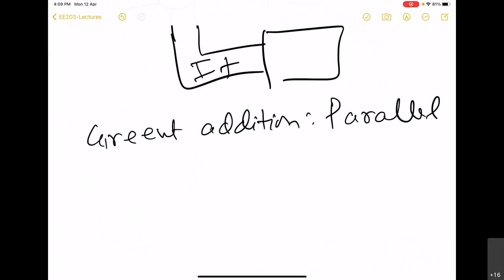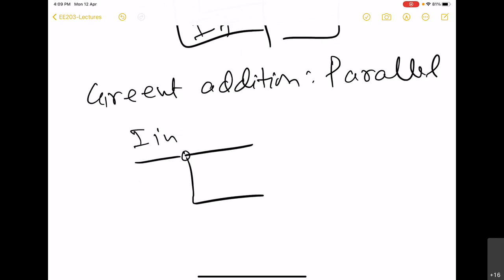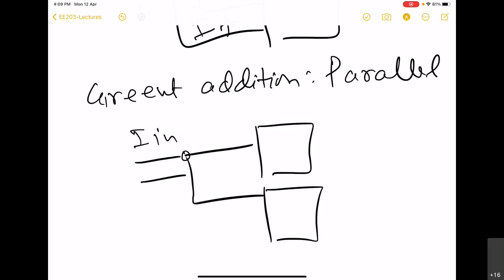So we have current I in here, and there will be IE and there will be IF.